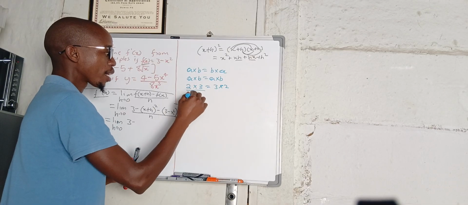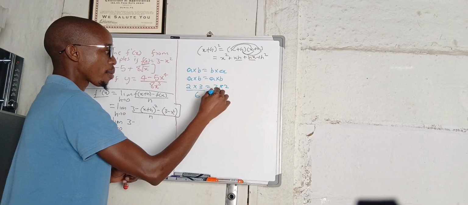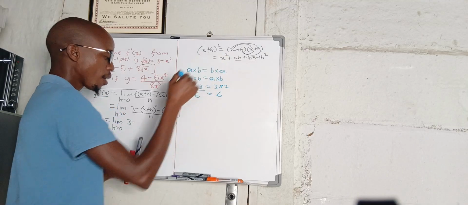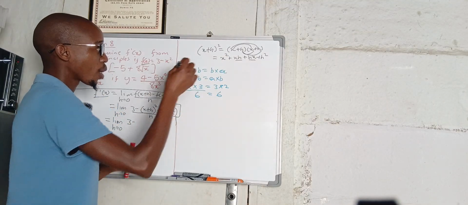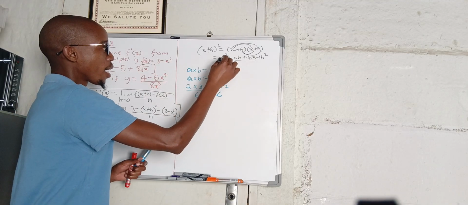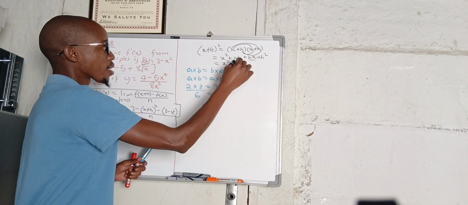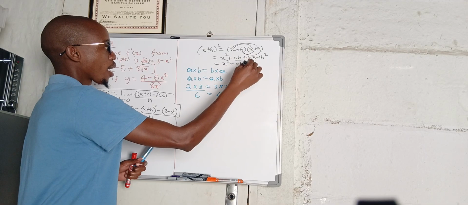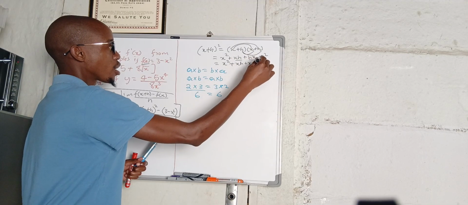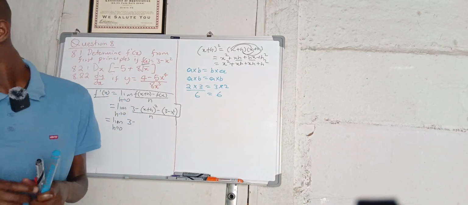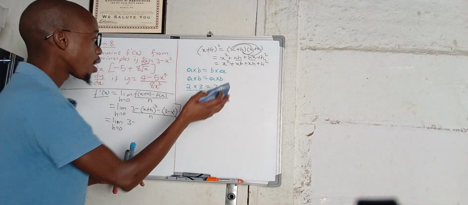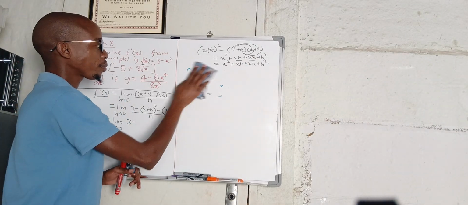Why? 2 multiplied by 3 is 6, and 3 multiplied by 2 is 6. Therefore, here, we can rewrite that answer as x squared plus xh plus xh plus h squared. I hope that will make perfect sense after this explanation.